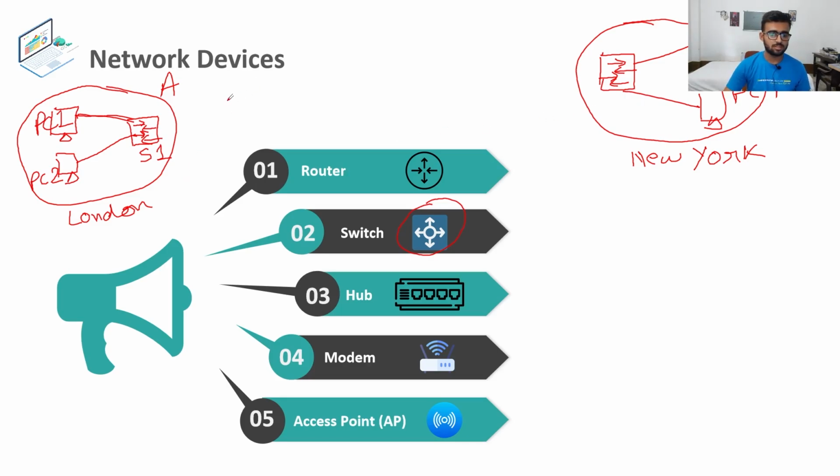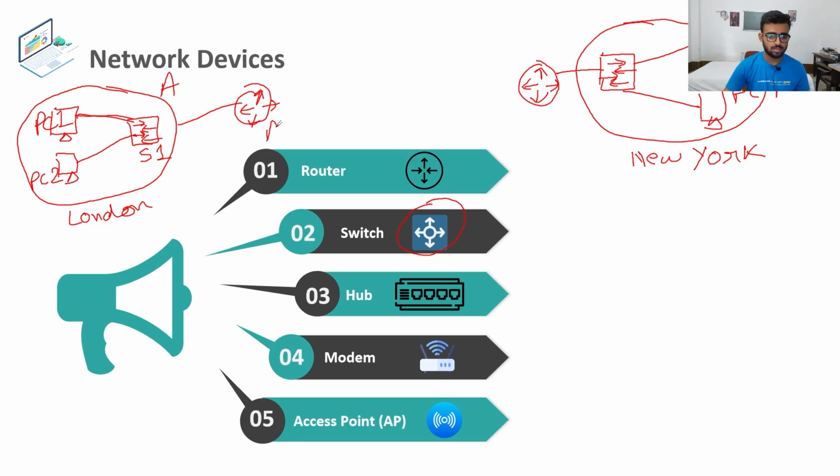So the router plays a role here. So here is a router. We connect this network to a router, and we connect this network to a router.